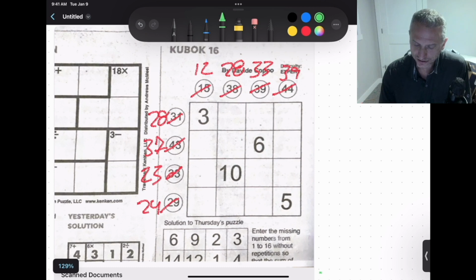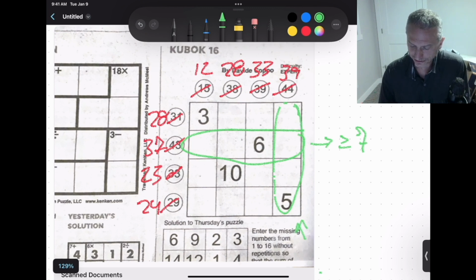This row here is 37. So the minimum for this row is going to be greater than or equal to 31 plus 6. But 6 is already given, so it's actually going to be greater than or equal to 7, because I can't have 6 twice. This row is 39, so this row is going to be greater than or equal to 8.